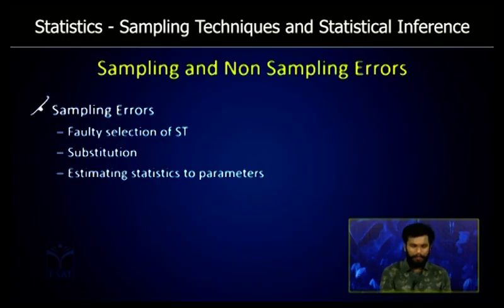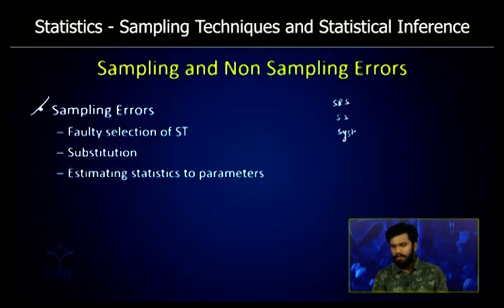Sampling errors లో first, faulty selection of the sampling technique. So last class మనం sampling techniques చూసాం, simple random sampling and as well as stratified sampling and also systematic sampling. So these are the three sampling techniques we have discussed. Apart from this, there are many sampling techniques.